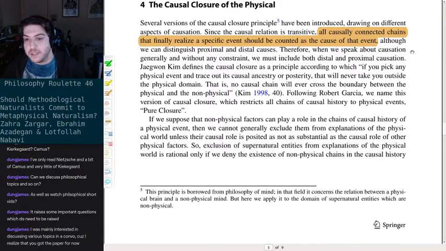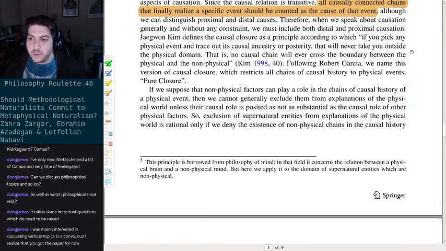Jaegwon Kim defines the causal closure principle, according to which if you pick any physical event and trace out its causal ancestry or posterity, that will never take you outside the physical domain. That is, no causal chain will ever cross the boundary between the physical and the non-physical. Following Robert Garcia, we name this version of the causal closure, which restricts all chains of causal history to physical events, pure closure.